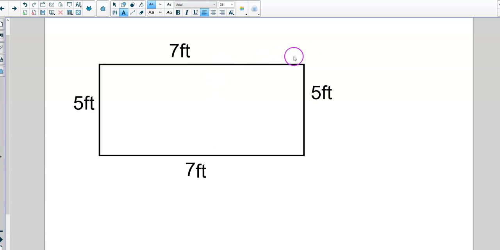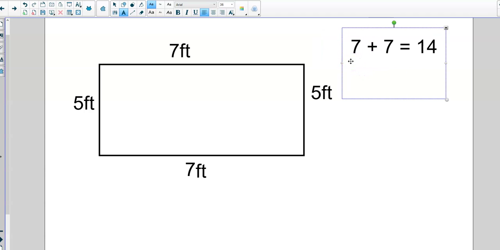Let's start with the first step. So what two numbers should I add together first? If you're adding together the 7 plus 7, then you are correct. So 7 plus 7 is 14. What is my next step? If you are next adding together the 5 and the 5, then you are correct.